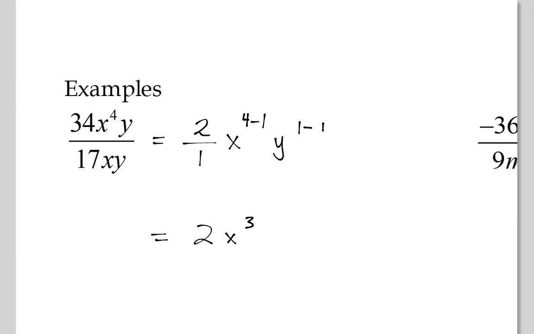Is 2x cubed the final answer? I mean, 34 divided by 17, that's 2. People are okay with that. 2 over 1, or just 2. Now, it's a counting game for the x's. There's 4 up top, 1 in the bottom. So altogether, you get 3 of them.